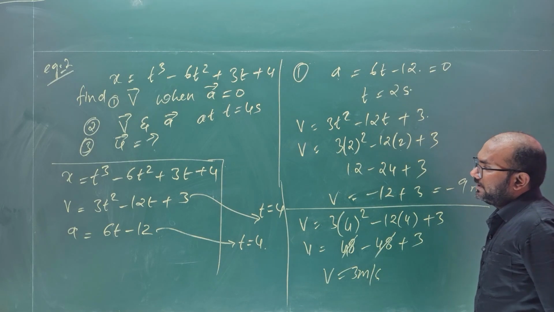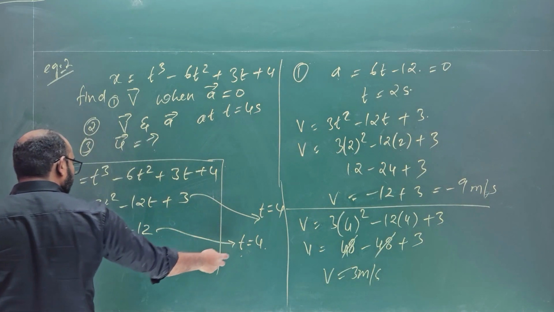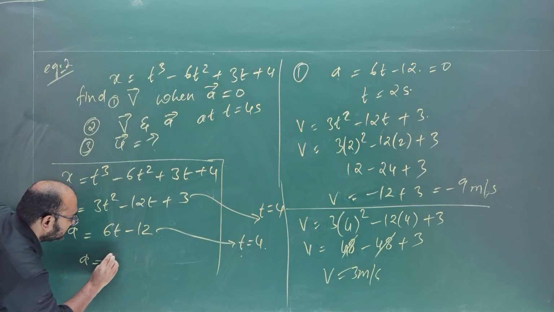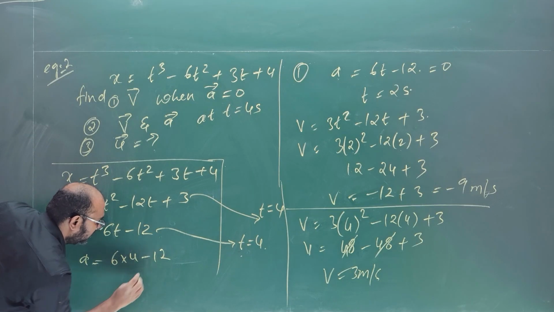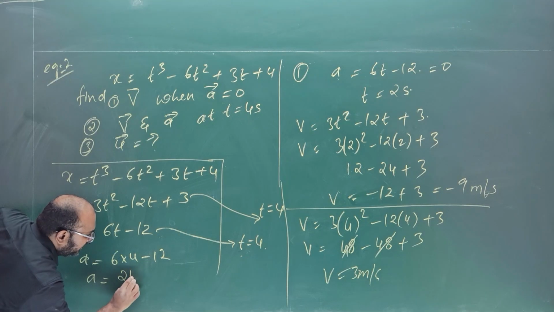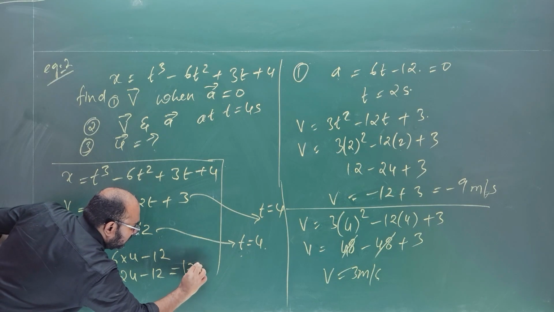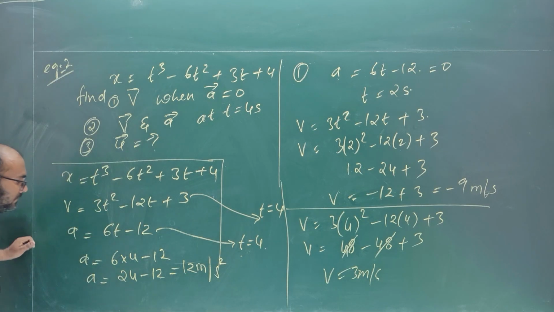And let's find a at 4. So a equals 6 into 4 minus 12, or a equals 24 minus 12, that is 12 meter per square second.